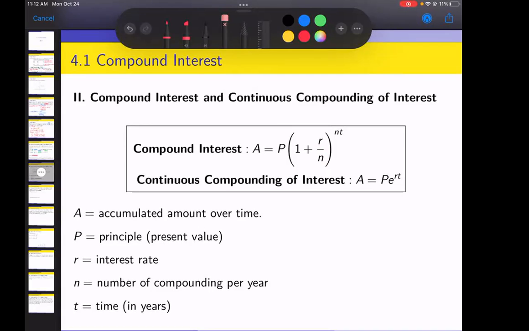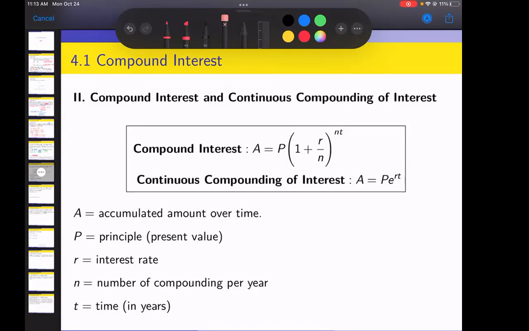So continuous compound interest has this formula. A equals PERT. I call it PERT. P is principal, E is what you have in your calculator, R is rate, T is time here. Now, what's the difference between compound interest and continuous compound?